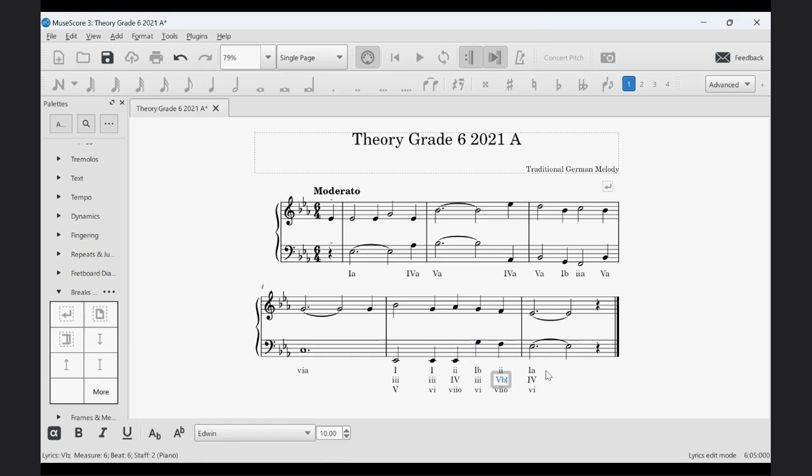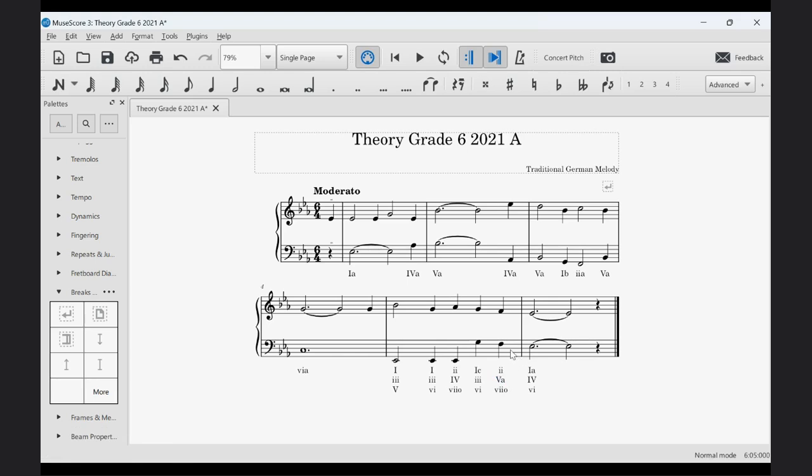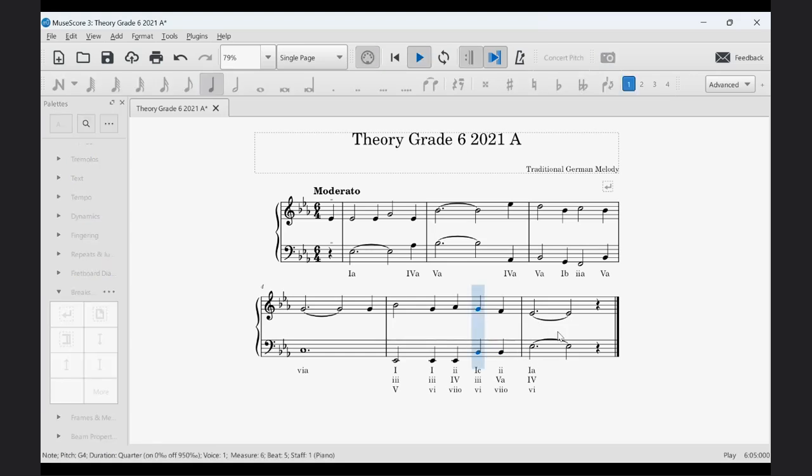And let's explore the other ending that we would like to have. It will be 1C, 5, 1. 5 will be a B bass, and then 1C will also be a B bass. And there you have it, we can have this sounding like this.